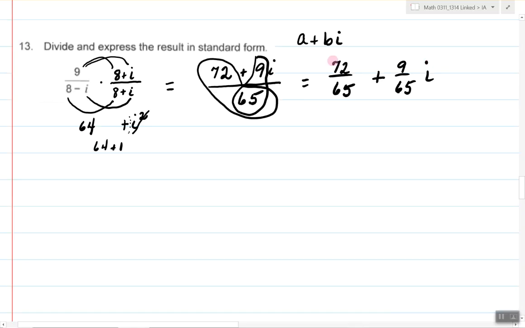When you write it in the a plus bi form, make sure that the a and the b have been reduced to lowest terms. If they need to be reduced, do so.